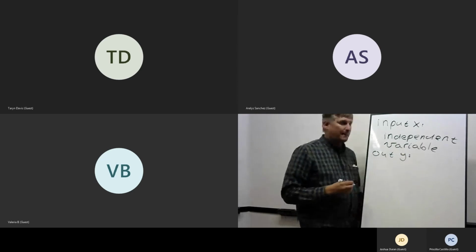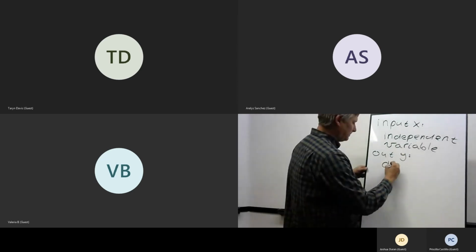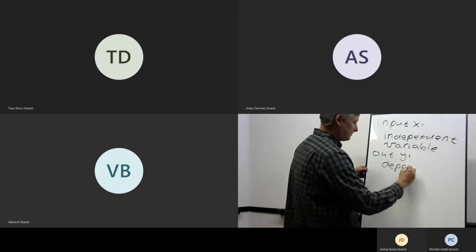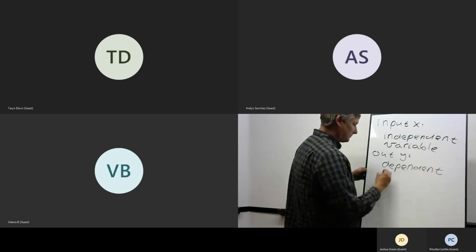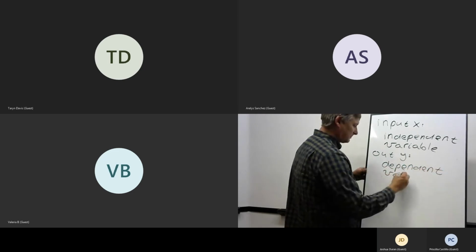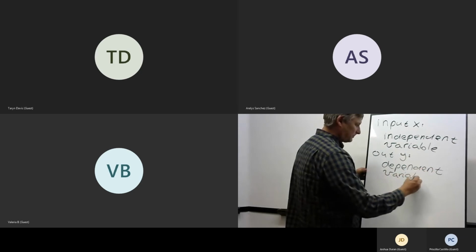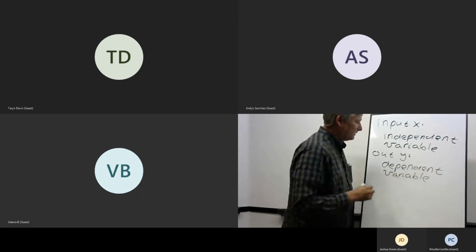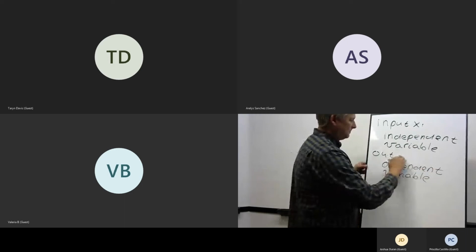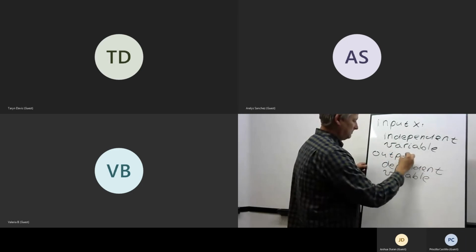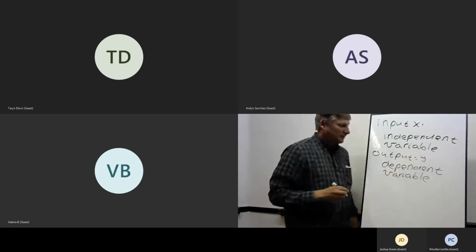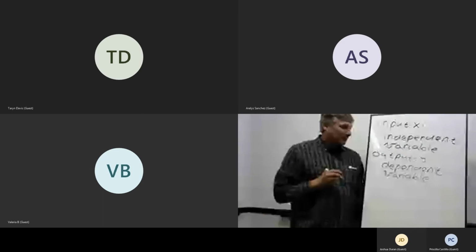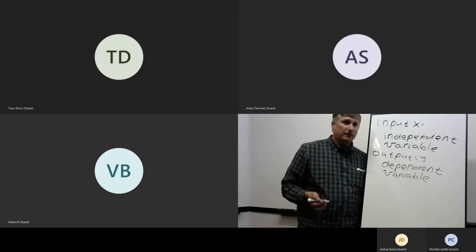So output y. Well, the output y, we call this the dependent variable.